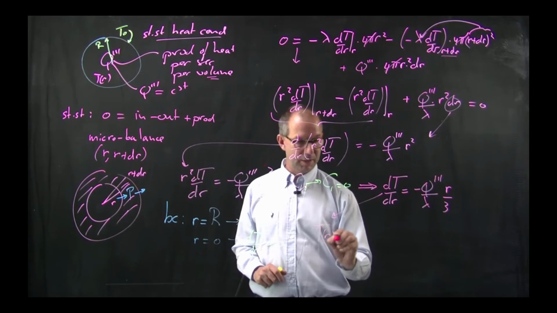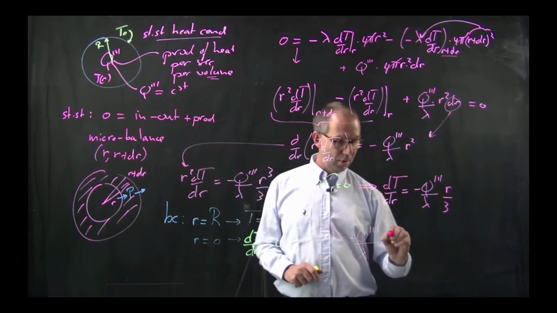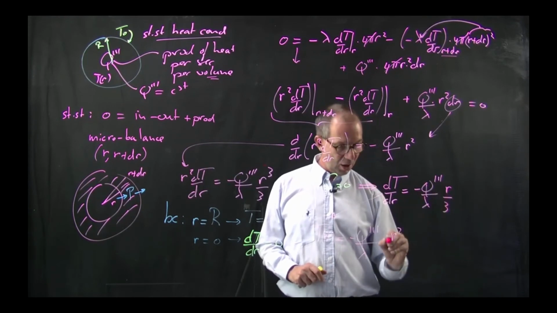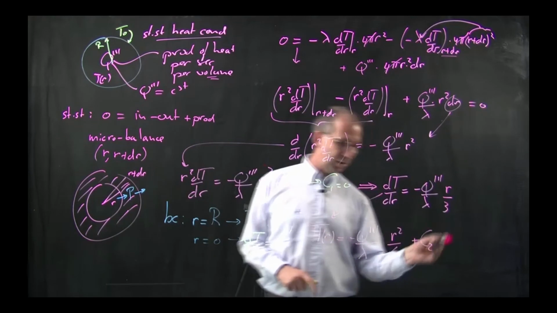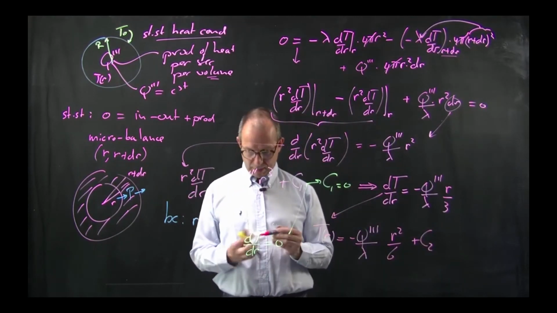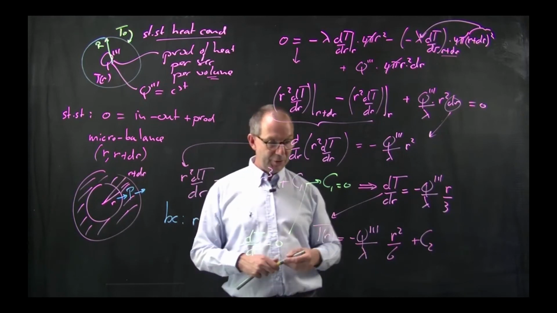T of r equals minus q123 over lambda r squared. So that brings in an additional half. This becomes a 6. And an additional boundary condition is required for the C2. The boundary condition is found from the top one that I haven't used here.